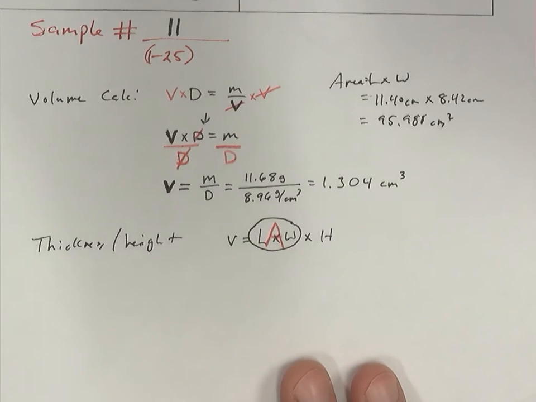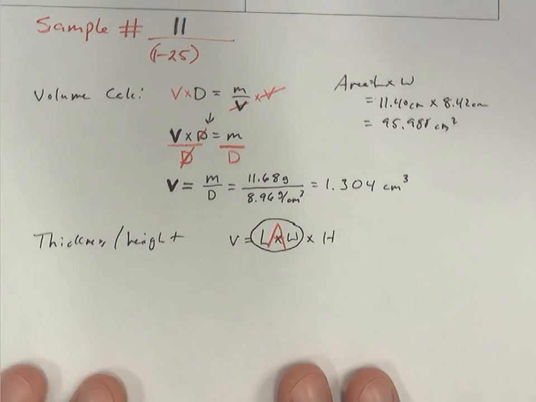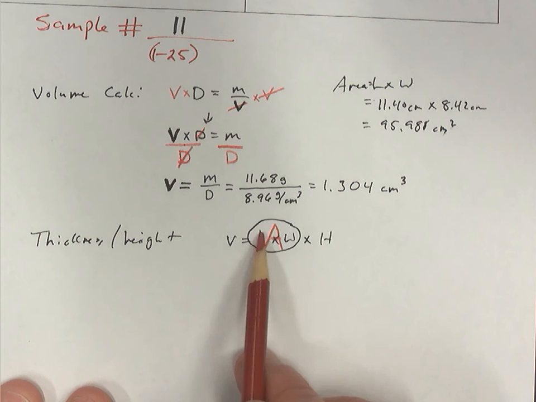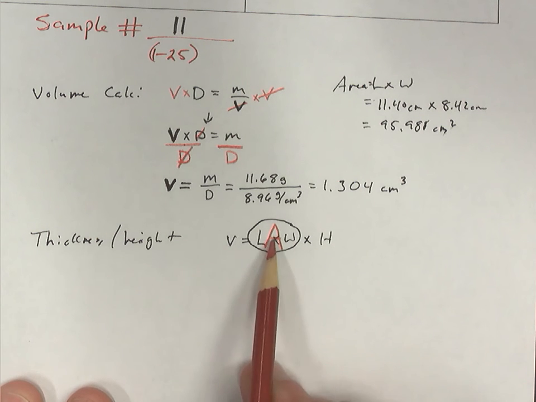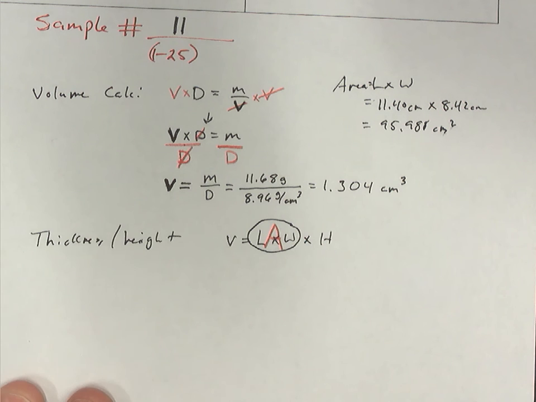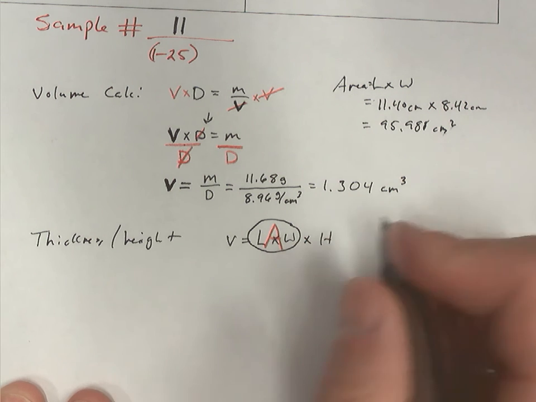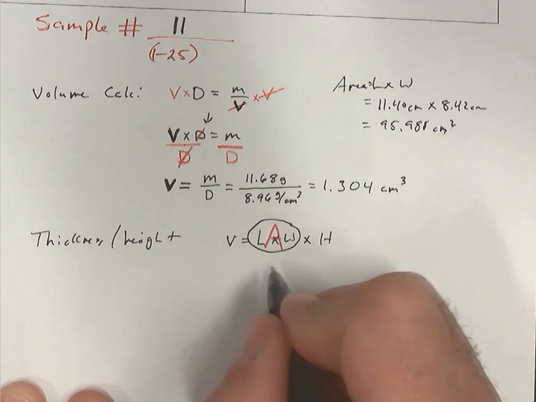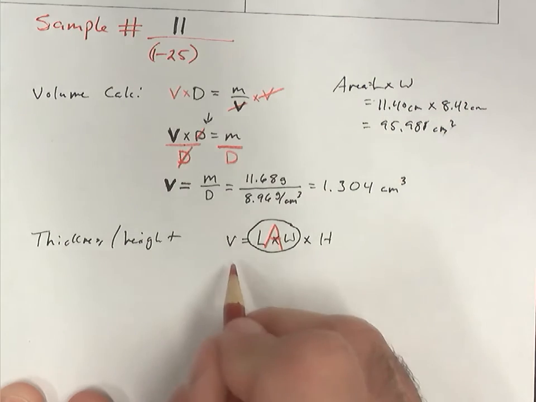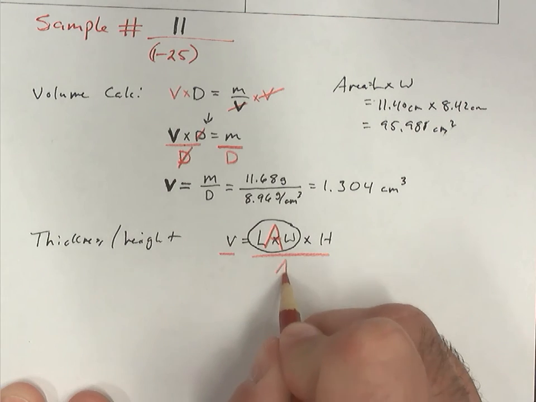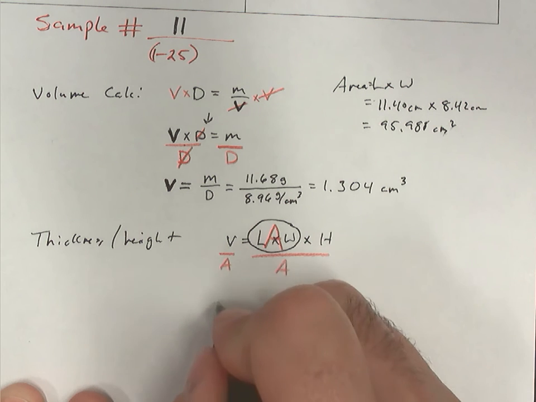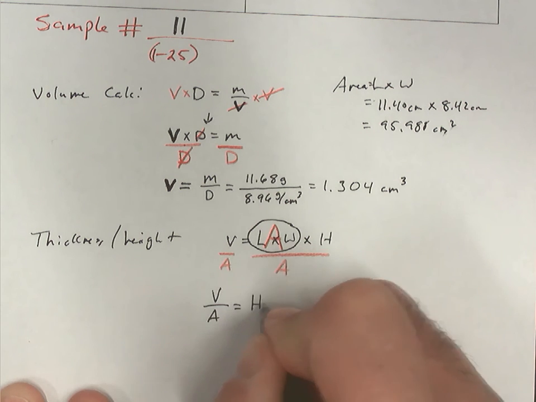The thickness is the height, so volume is area times thickness. To get the thickness by itself, we're going to have to divide both sides by area. So that's going to give me volume over area is equal to height, or the thickness.